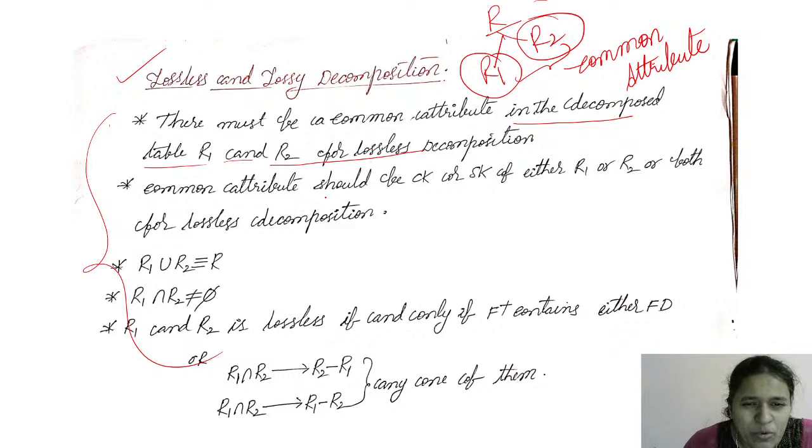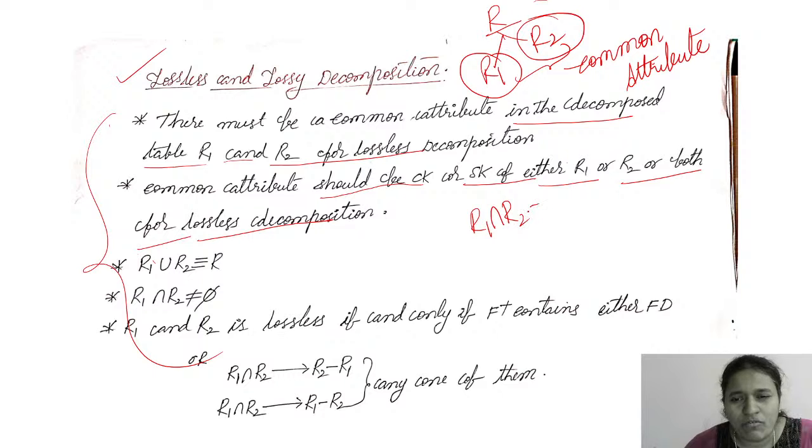That common attribute should be a candidate key or super key of either R1 or R2 or both for lossless decomposition. When will it be lossless decomposition? We get one attribute in R1 intersection R2, and that attribute should be a candidate key of either R1 or R2 or both.